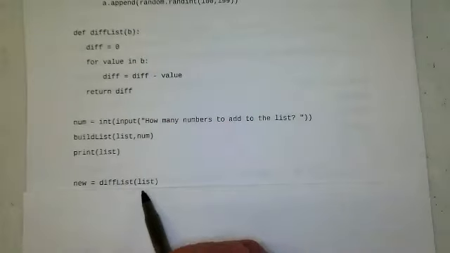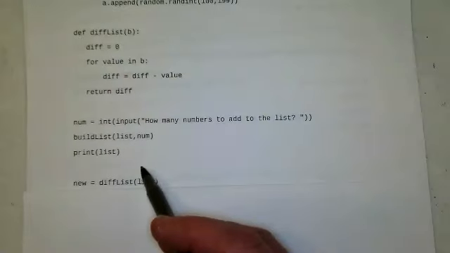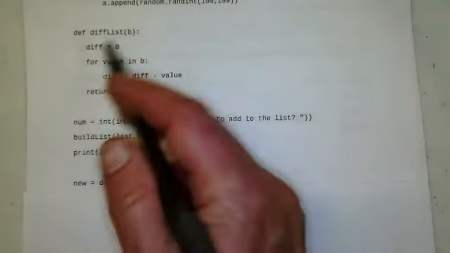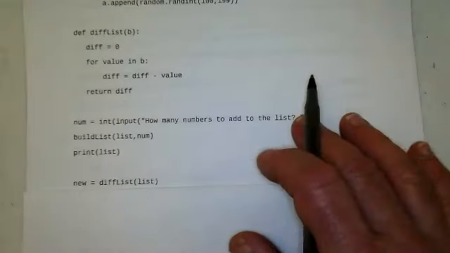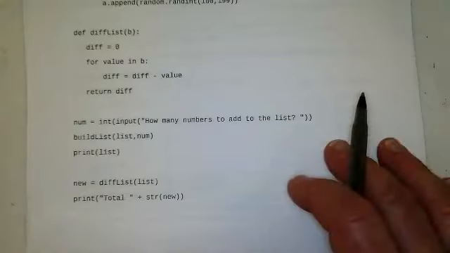It's going to take all the values that we've created in this list up here, and it's going to find the difference of all those values. Then we're going to print total plus string of the new parts. Okay, didn't put a colon behind total. Sometimes they do, sometimes they don't.